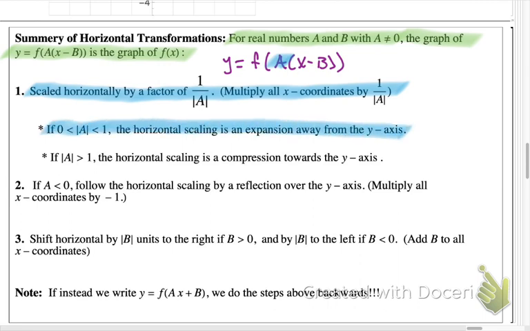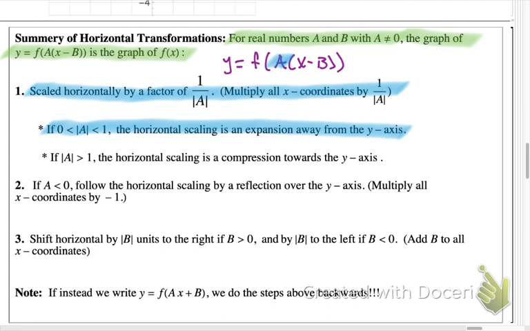Now, when the absolute value of a is between 0 and 1, you're multiplying the x coordinates by the reciprocal. Say a was 1/2, the reciprocal would be 2, and multiplying x coordinates by 2 doubles them and gives you an expansion away from the y-axis.